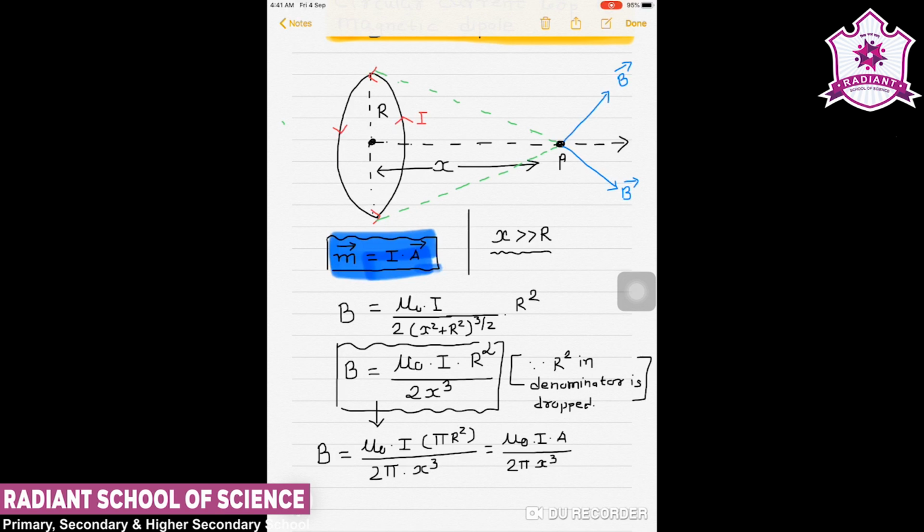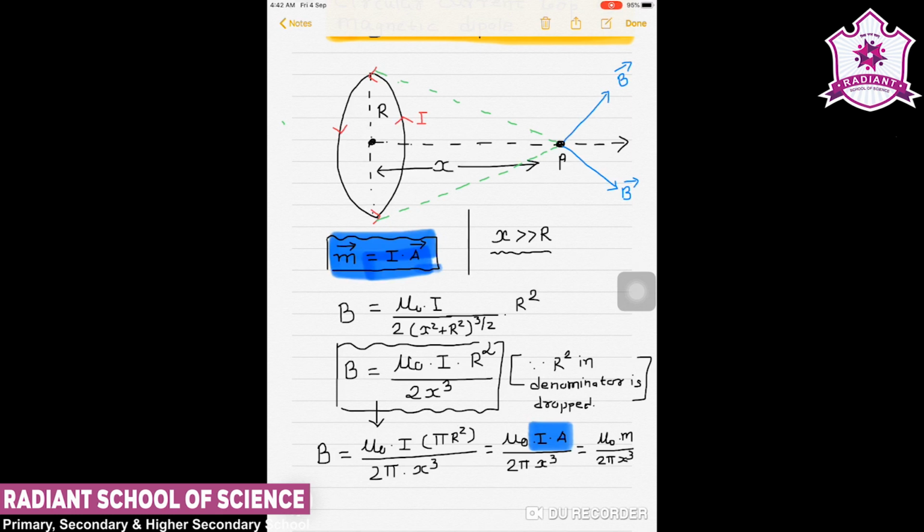Now in this arrangement we have the term I into A, but that I into A we can replace with m. So I can write this equation as mu 0 m over 2 pi x cube.